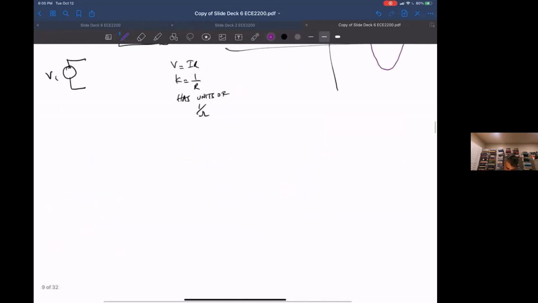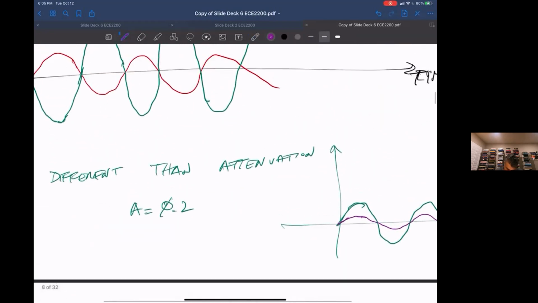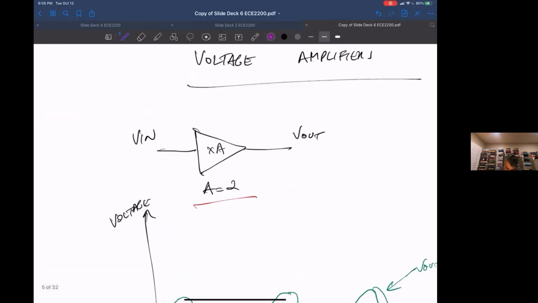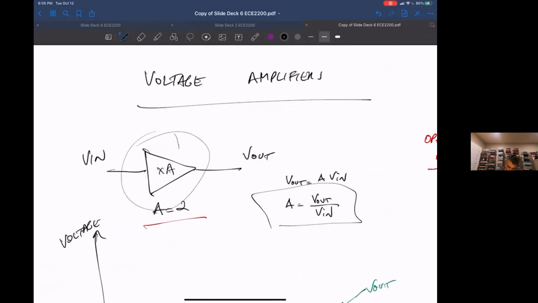Now, if you look up here, where we said generally, what we're saying is V out is equal to A times Vin. So you can define the gain as V out over Vin if you write it like that, the gain of this amplifier.